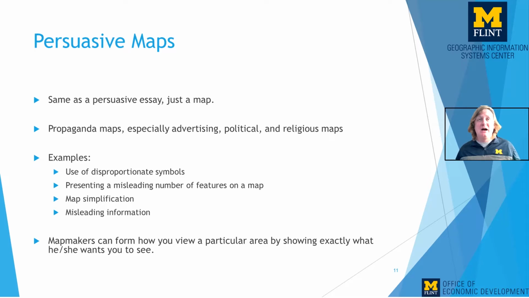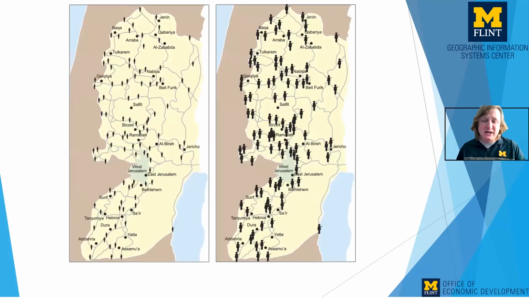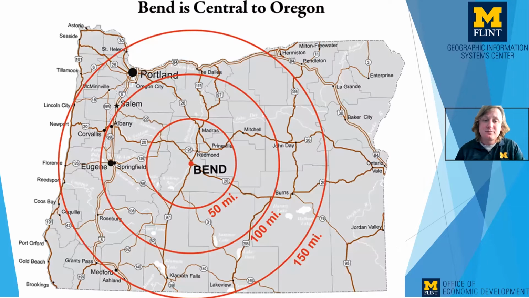The map makers are able to make sure that you as a map viewer look at a specific area a specific way. And so, for example, the exact same map, just symbolized slightly different using different sizes, you're looking at the same area maybe a different way when you look at the map on the left versus the map on the right.